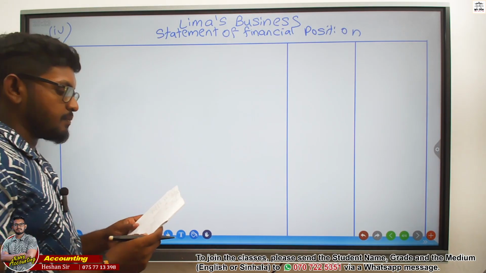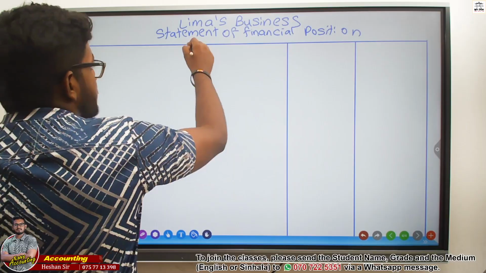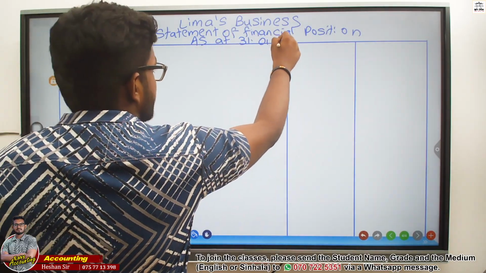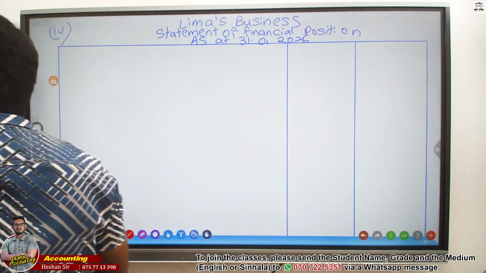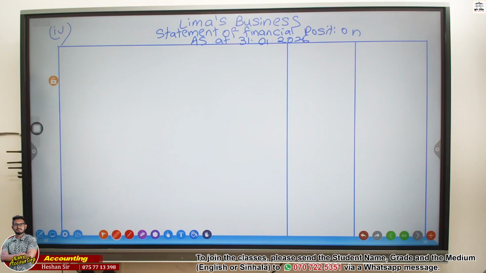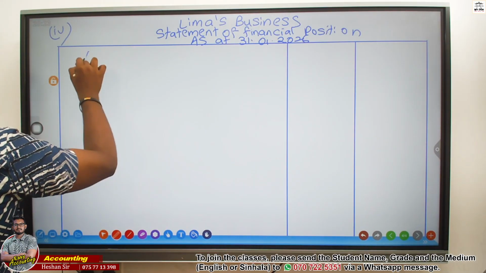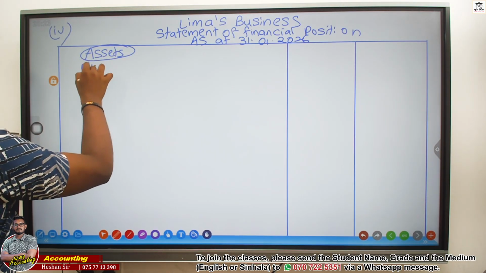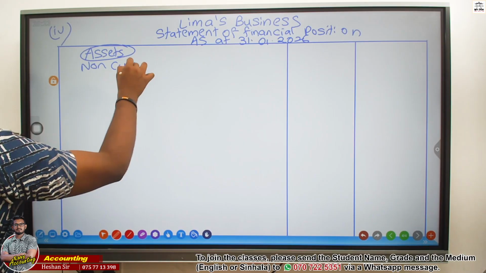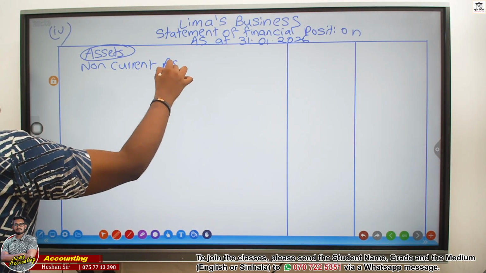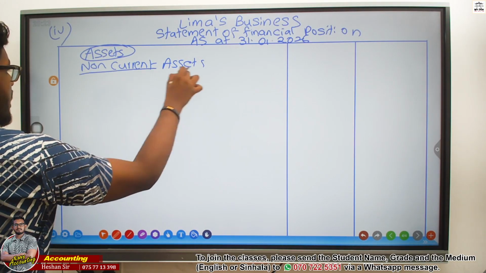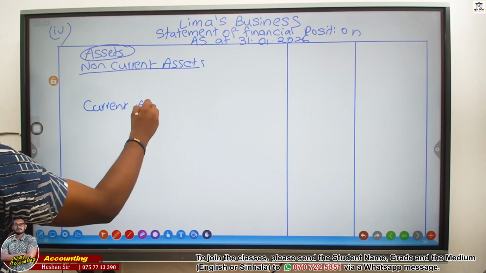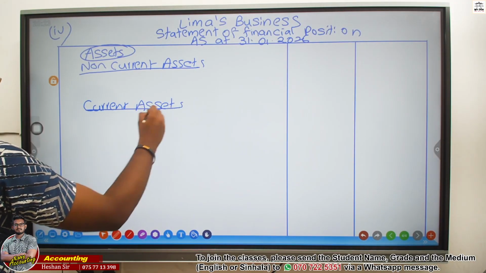Statement of financial position as at 31st of January 2026, right? So you know assets: non-current assets and the current assets. Then the equity.